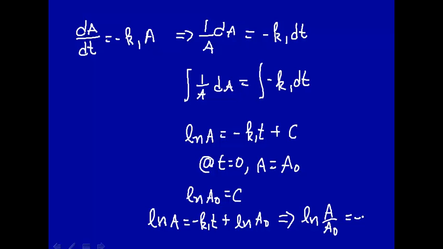That's equal to minus k1t. And if we take e to both sides, we end up with A over A0 equals e to the minus k1t, or the concentration of A, how A changes with time, is equal to the initial concentration times e to the minus k1t.